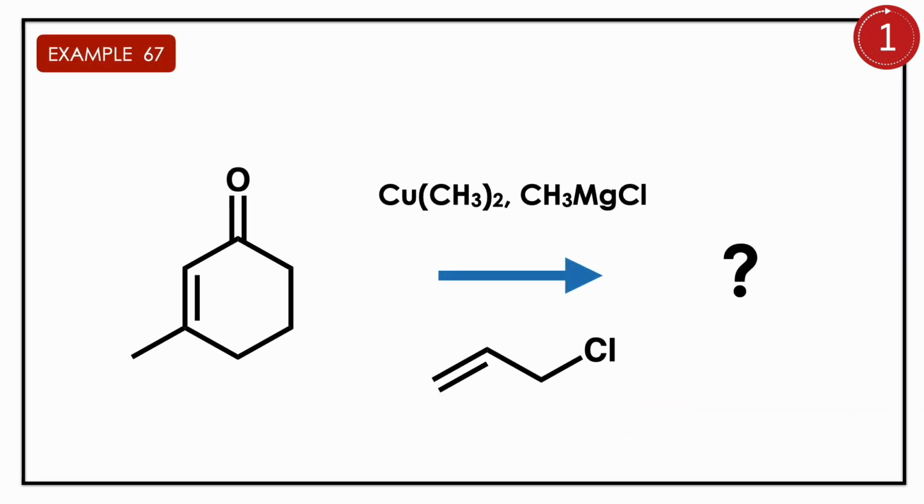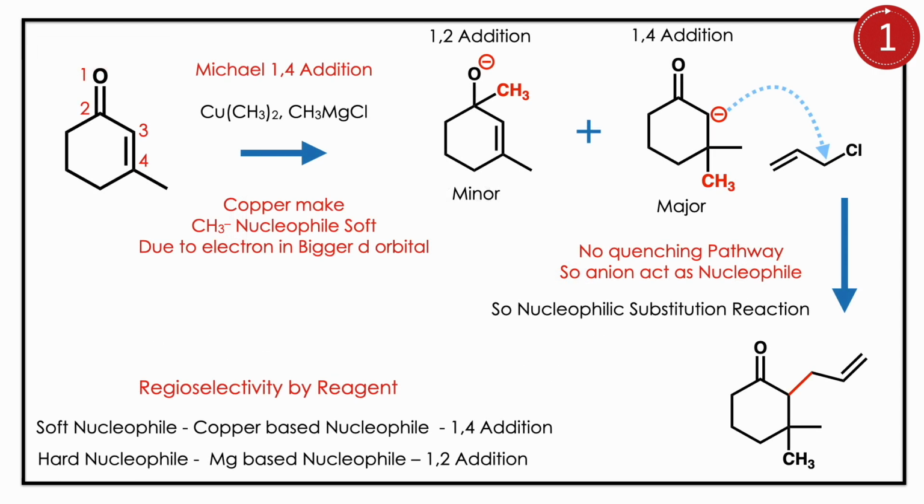Then the next example, you have methyl cyclohexenone reacting with dimethyl copper, methyl magnesium chloride and allyl chloride. You should find what will be the final product. Here you are having Michael addition condition because conjugated ketone and nucleophile. Copper makes the nucleophile soft, so 1,4 addition is possible.